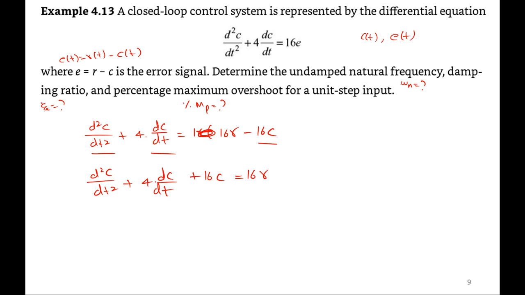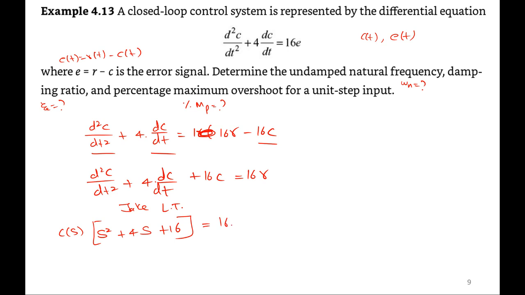Take Laplace transform of the above equation. So what will I be getting? s square into C of s, plus 4s into C of s, plus 16 into C of s. Let me take C of s common, outside.